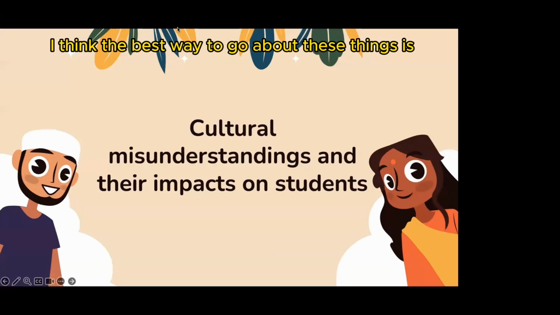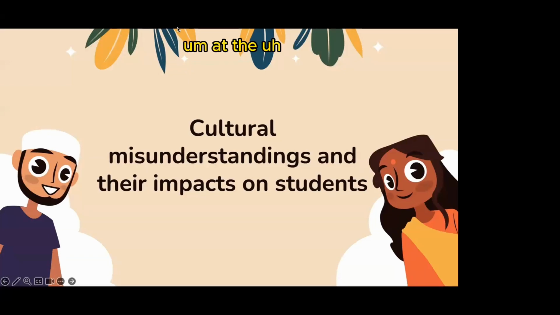So I think the best way to go about these things is, first of all, that suggestion at the beginning of class, showing that you are open and willing to converse about these things, just showing that there are differences and you're open to talk about them, versus there are people who just don't want to go there, right? That's true.